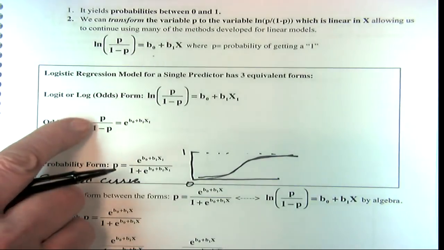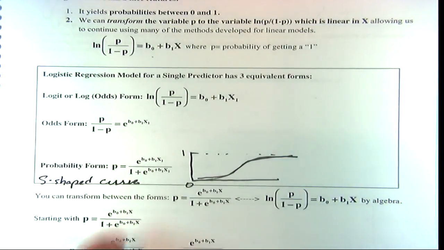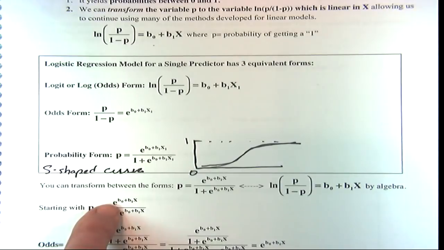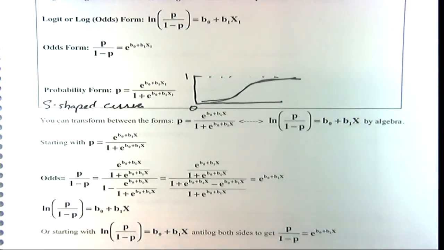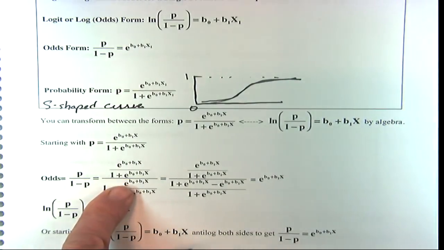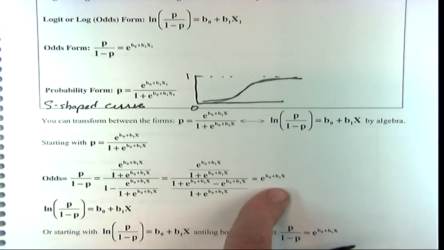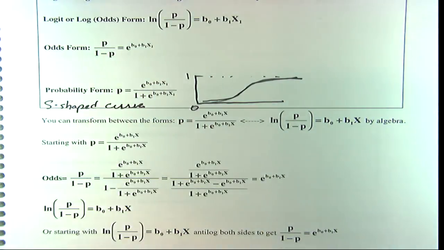So it's basically the probability of success over the probability of failure, P over 1 minus P. And when we do that, you take this P right here, and if you divide it, this is just simple algebra, by 1 minus P, and simplify it, that's what you get. You get just an exponential curve right there.